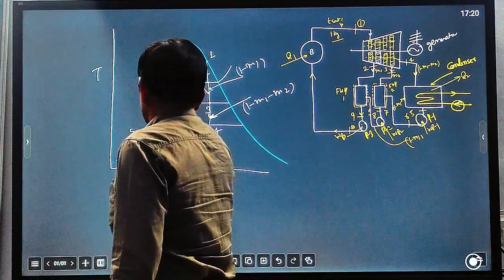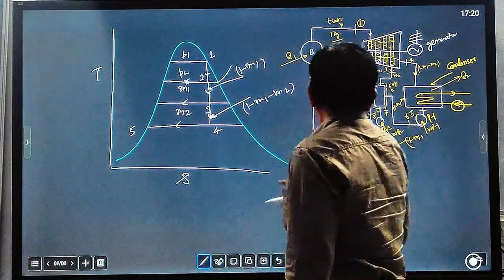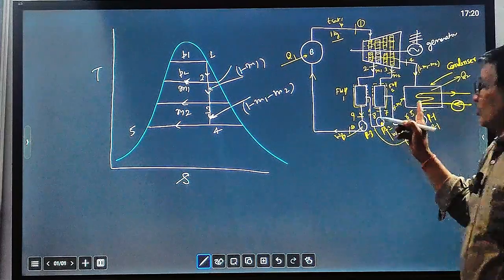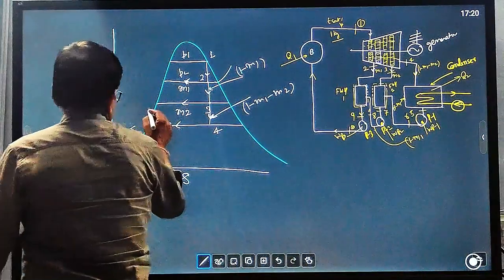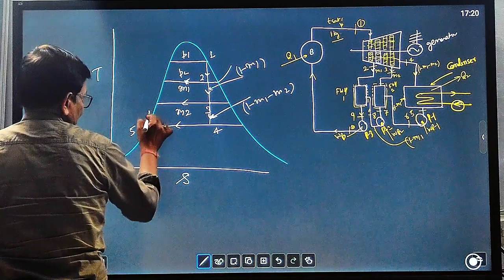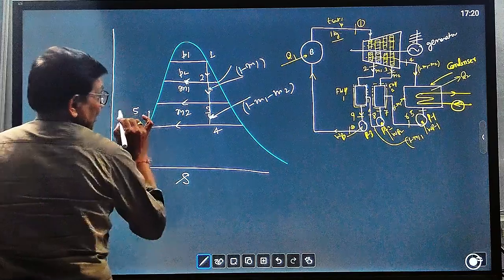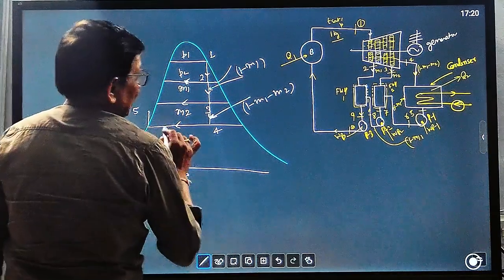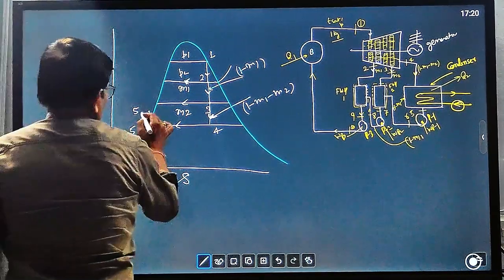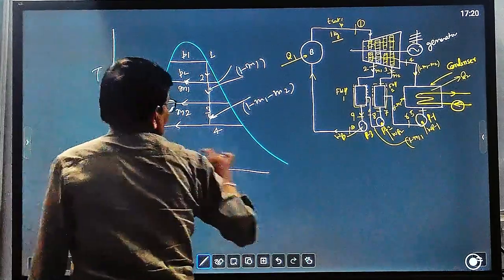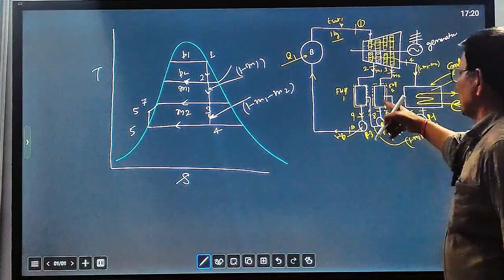Again reaching saturated liquid at state 5, from 5 to 6 it is a pumping process, and 6 to 7 is a regeneration process, because from 6 to 7 mixing takes place.